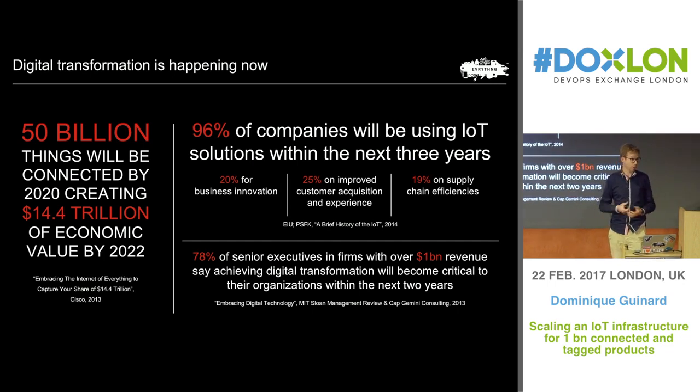But then the world moved on, and today you have crazy projections all over the place, talking about 50 billion things that will be connected by 2020. I think, by the way, this is largely underrated, so I expect it to be more like 300 billion. And every single company is somehow getting into that business.